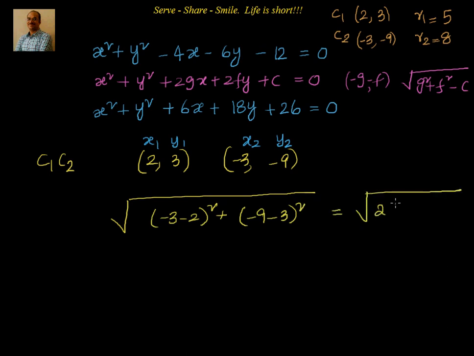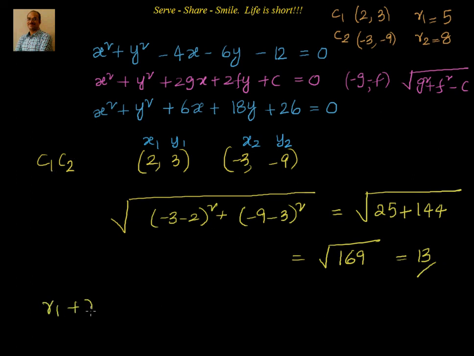Now 5 square is 25 plus 12 square is 144, which is square root of 169, which is equal to 13. So we know the distance between the centers C1 C2 is 13.